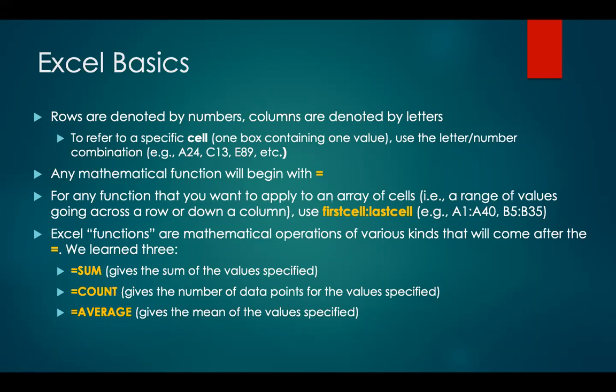If I want the same for B5 through B35, I would enter B5, colon, B35. Excel functions are mathematical operations of various kinds that will come after the equal sign. We learned 3 just now: sum, which gives you the sum of the values specified; count, which gives you the number of data points for the values specified; and average, which goes straight to giving us the mean for the values specified.